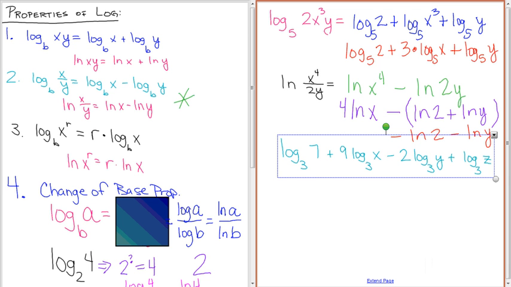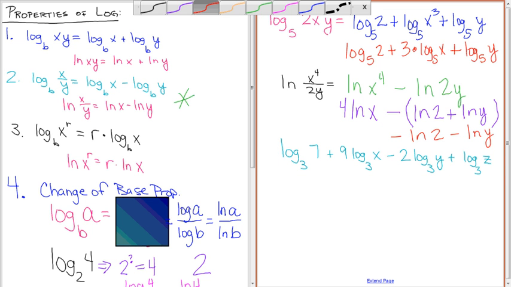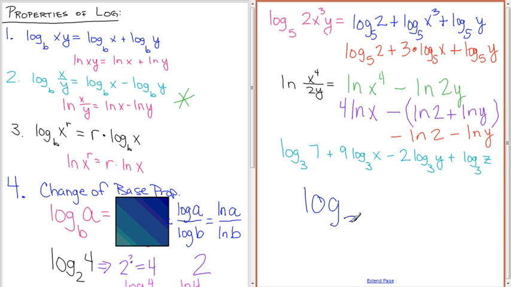In our third example here, we are going to condense an expression. So we have log base 3 of 7 plus 9 times log base 3 of x minus 2 times log base 3 of y plus log base 3 of z. So when we're going to condense, we need to get this down to 1 log base 3. So here we have a 7 plus an x. So that would be 7 times x. This 9 becomes the exponent for x.